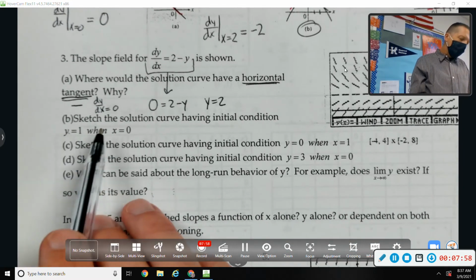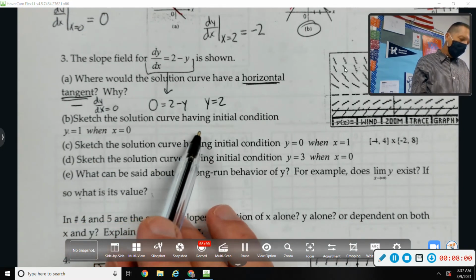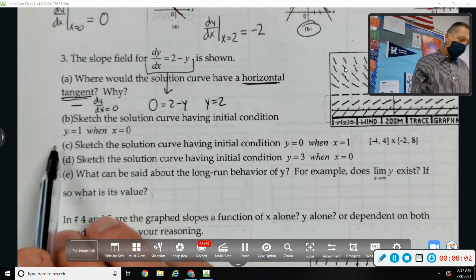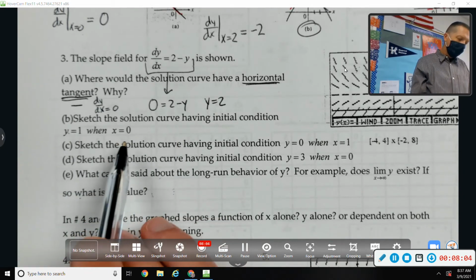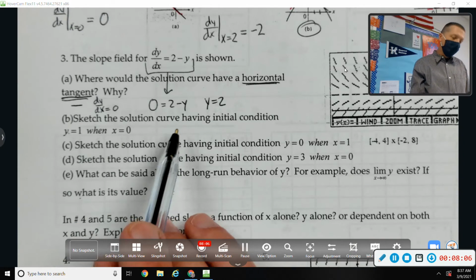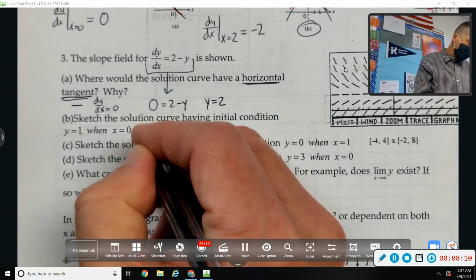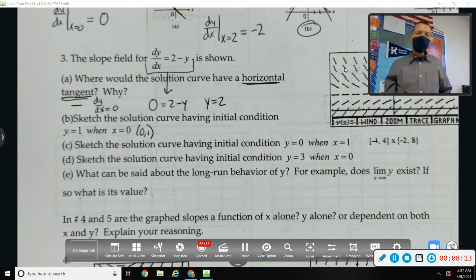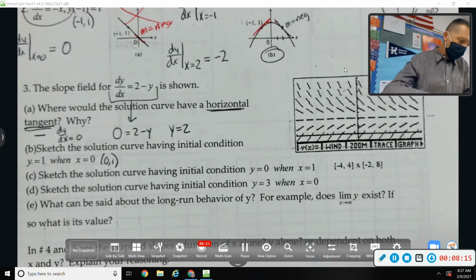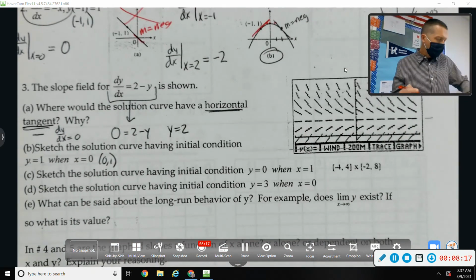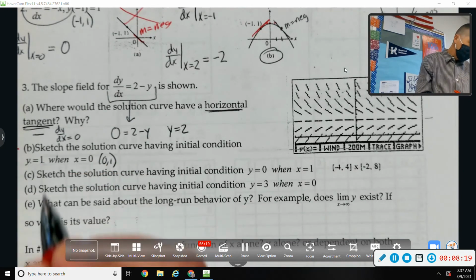Part B. Sketch the solution curve having an initial condition y equals 1 when x equals 0. All right, we don't know how to sketch the curve yet, but we can do an initial condition of y equals 1 when x equals 0. So 0, 1. Let's start there. And by the way, the next 3 I'm going to do in 3 different colors.